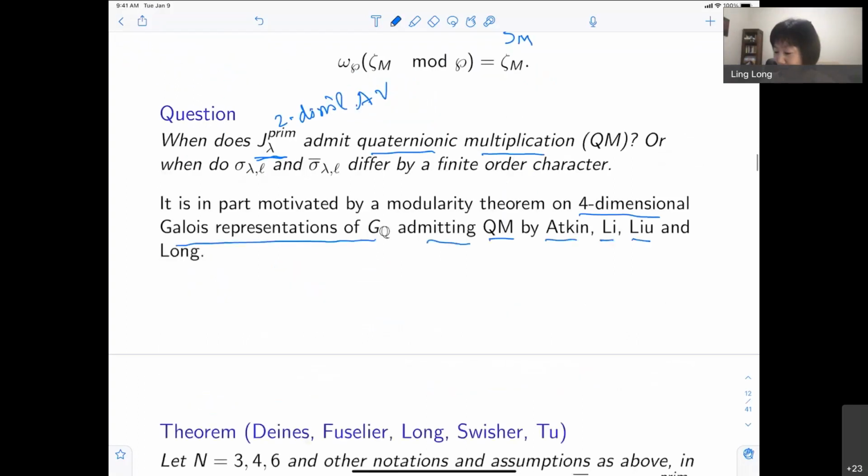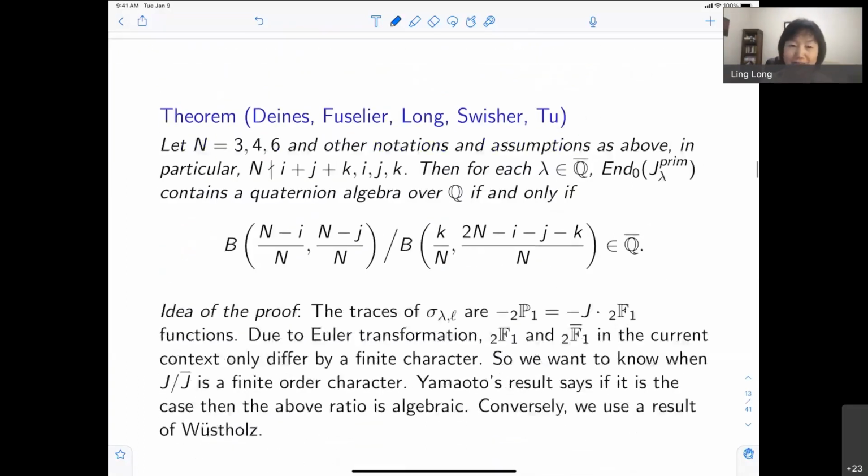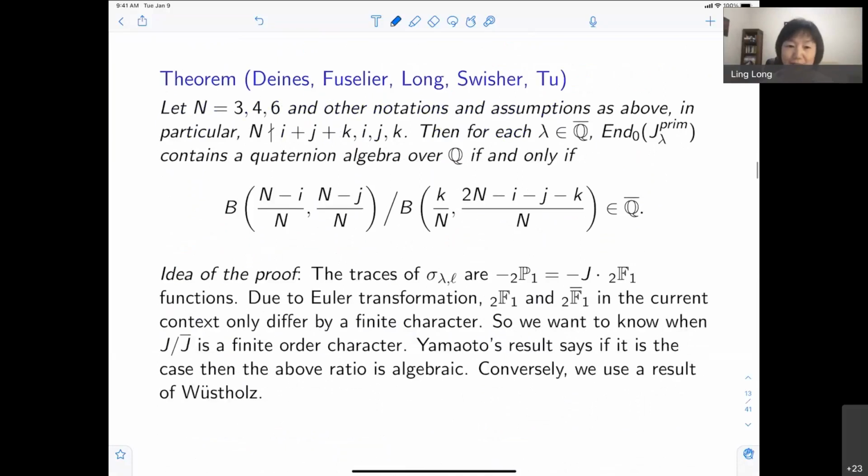And the answer led to one of the theorems that I mentioned in the first lecture, which by nature describes when 2F1 beta functions are algebraic. All right, so the assumption here, of course, is that I'm choosing those values so that the Euler phi number will be 2. This is where it is coming from.